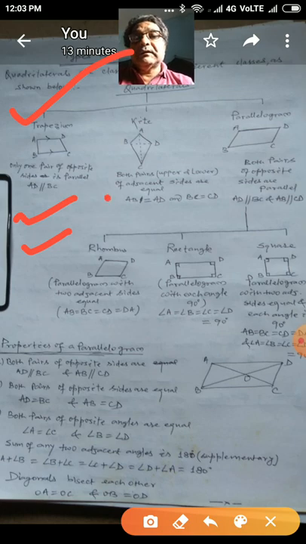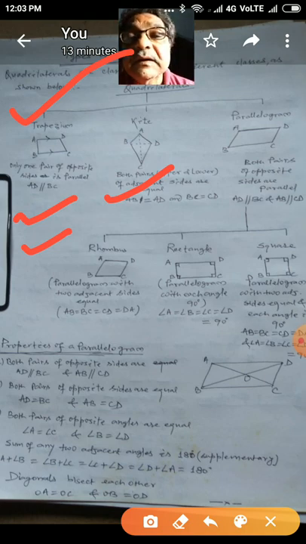Another category is kite, where upper two adjacent sides AB and AD are equal, and the lower pair of adjacent sides BC and DC are also equal.